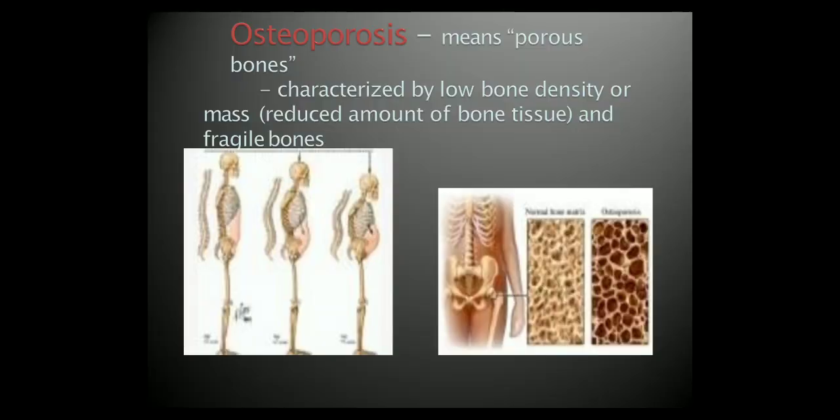Osteoporosis means porous bones characterized by low bone density or mass, reduced amount of bone tissue, and fragile bones. Here in the figure they have shown the normal bone structure and the osteoporotic bone structure.